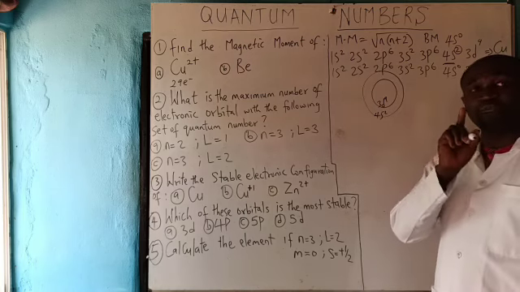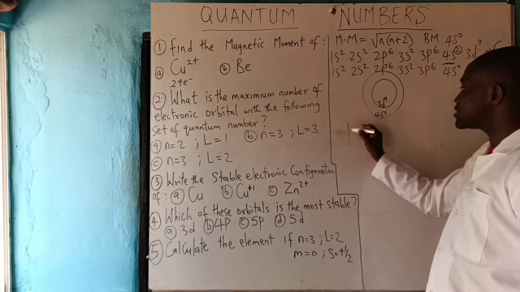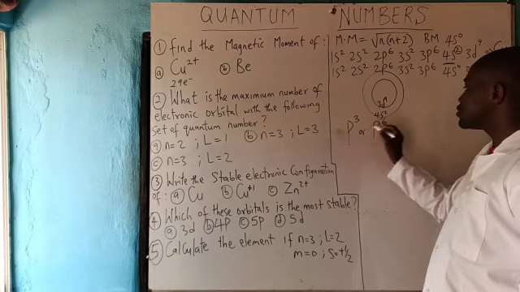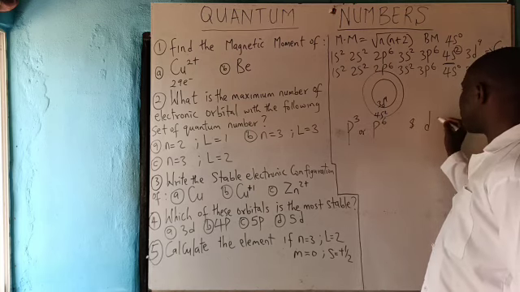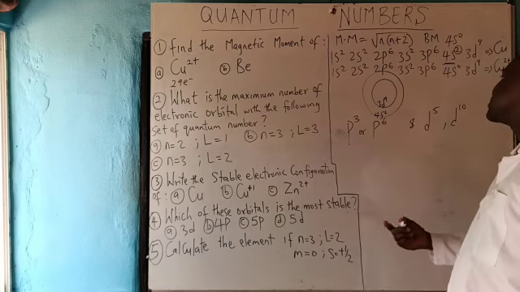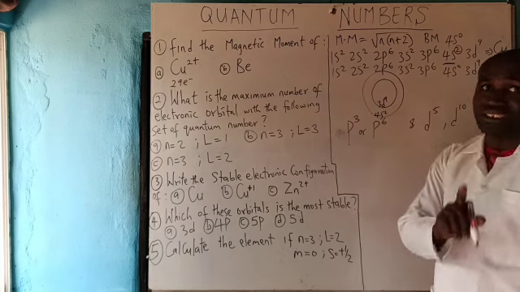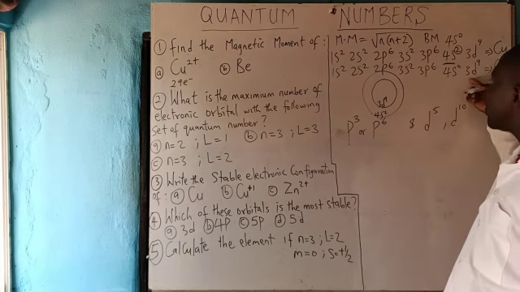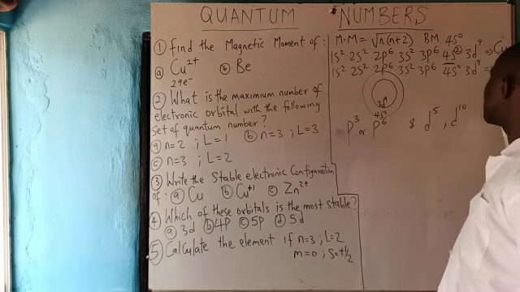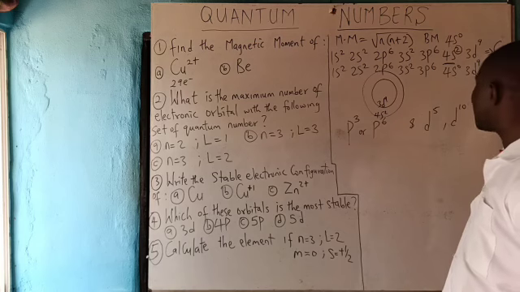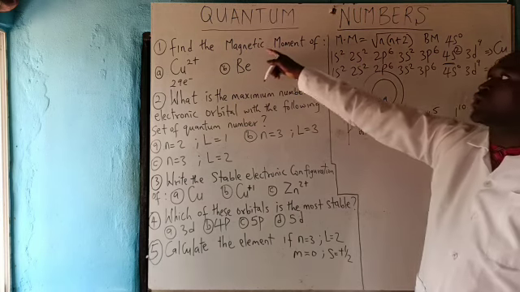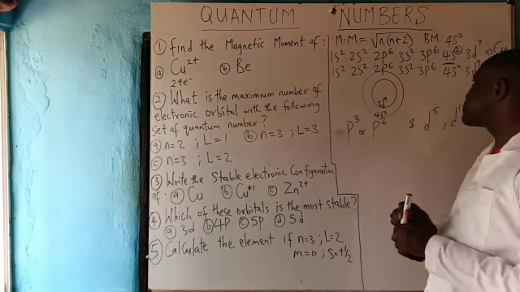And also if p orbitals are half filled or fully filled, we said that electron configuration is said to be a stable one. So this is not a stable one because it is neither half filled nor fully filled. So it is unstable copper 2 ion. Whether it's stable or not doesn't concern us as we want to talk about the magnetic moment of it.